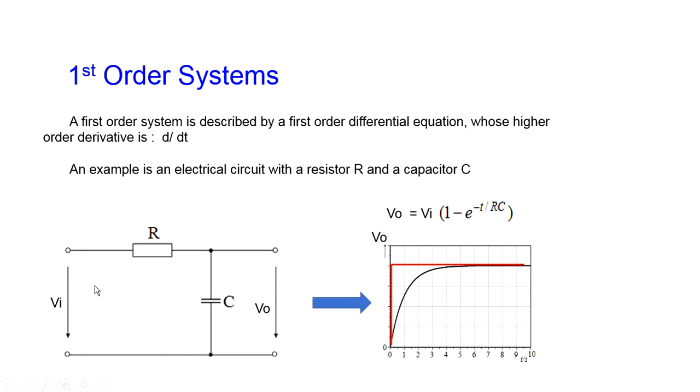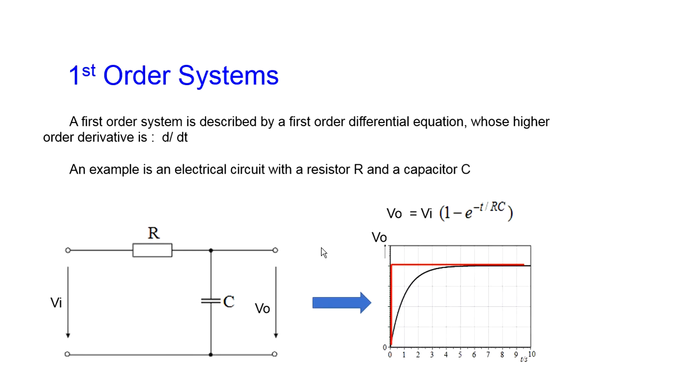If we apply a step function on the input, for example, a voltage that goes very fast from 0 to 1 volt, we will see that the output voltage will have approximately this behavior, because the capacitor has to be charged and it is not possible that it charges immediately.